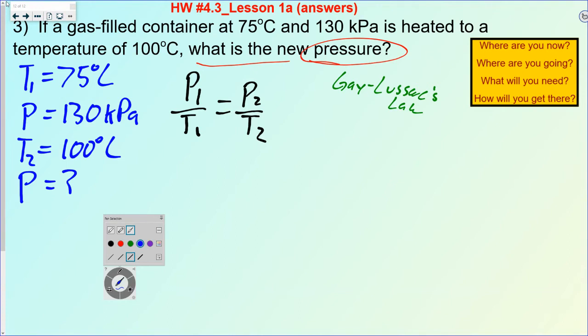It's going to start at 130 kilopascals and then it's going to end somewhere we don't know yet. So 130 kilopascals will be our starting pressure, and our unknown is our final one. Now we can isolate for P2.